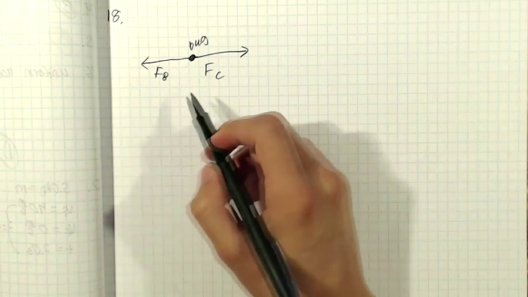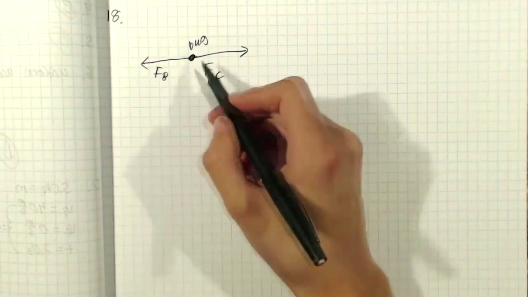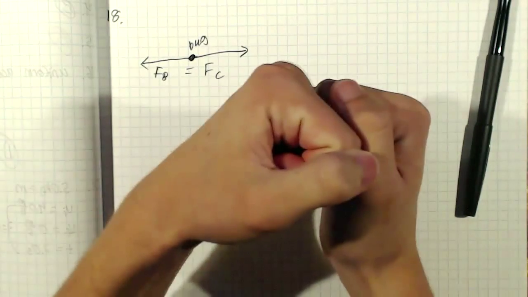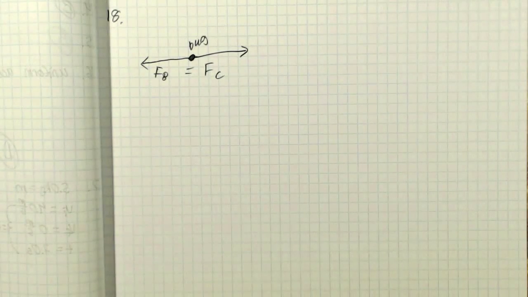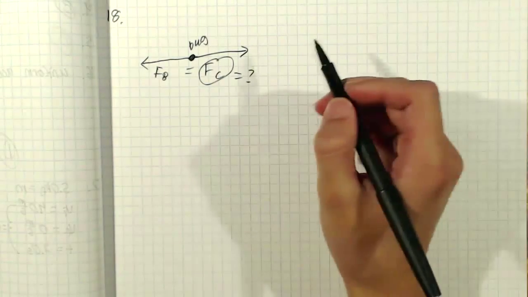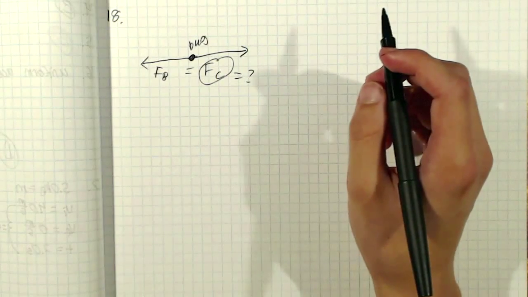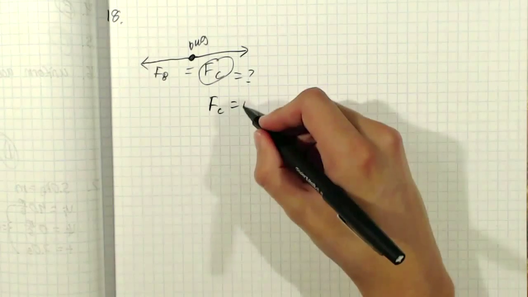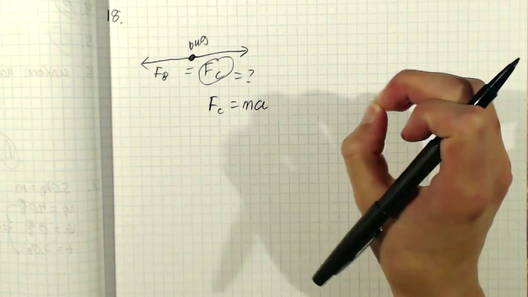Well, we know they're going to be equal because they're a force pair. The car pushes on the bug and the bug pushes back on the car. It's kind of a weird concept, but you just have to accept it and go with it. To figure this out, we can look at the acceleration of the bug. Any force is going to be equal to some mass times some acceleration.